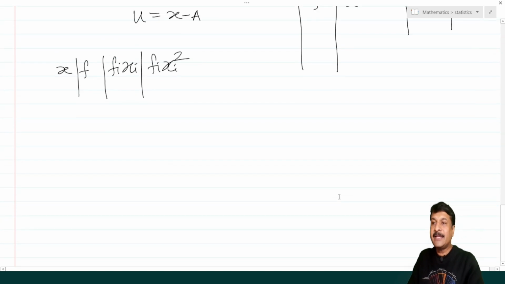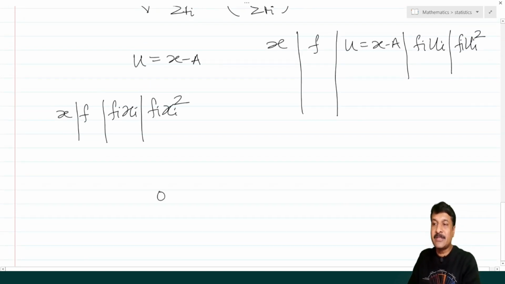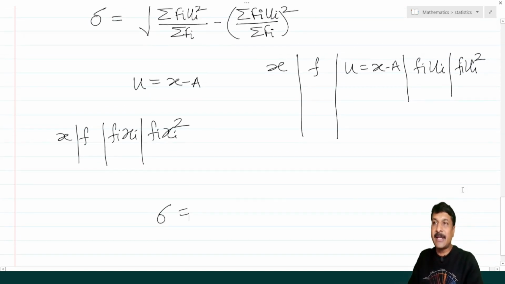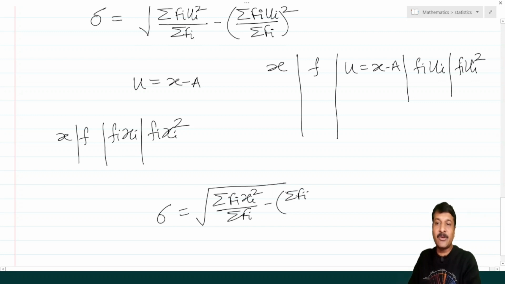So in this case, what is the standard deviation instead of u? You just consider x, means under root of summation of fi xi square upon summation of fi minus summation of fi xi upon summation of fi whole square. One may use this formula.